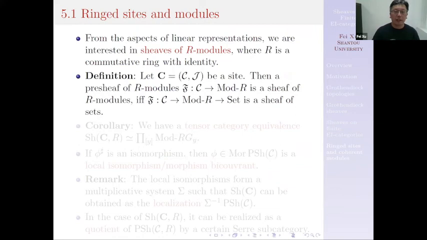So in fact, as you can see from the definition, if we consider the sheaf of R-modules, what it is first is a presheaf of R-modules. I mean, it's a contravariant functor from C to the category of R-modules. And a presheaf of R-modules is a sheaf if and only if it is a sheaf of sets. Yeah, because every R-module is a set, first of all.